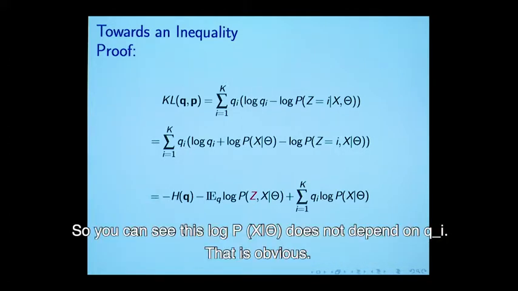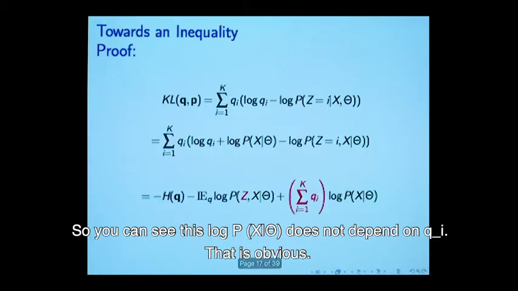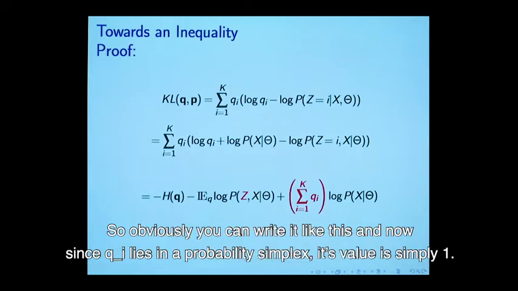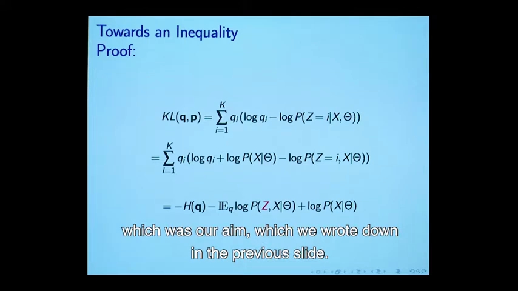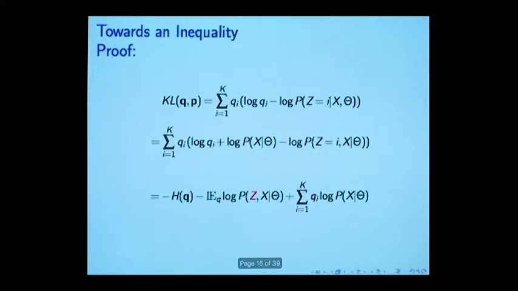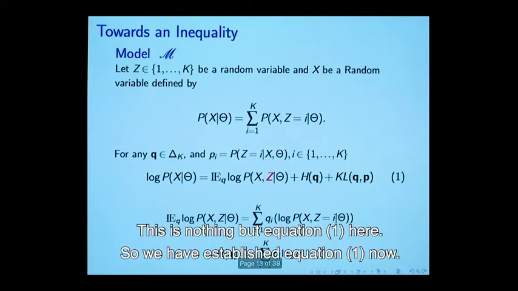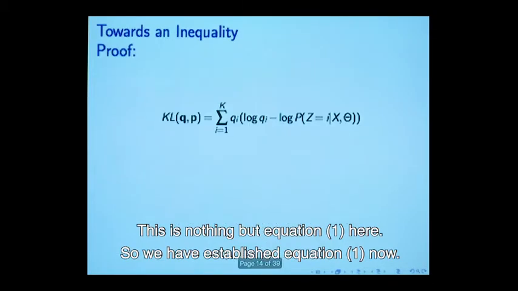Now, you see this log P of x given theta does not depend on Qi, right, it is obvious. So, obviously we can write it like this, and now since Qi lies in a probability simplex, this value is simply 1. So, this goes away and that gives me this. So, you see this is nothing but equation 1, which was our aim, which we wrote down in the previous slide. So, we have established equation 1 now.